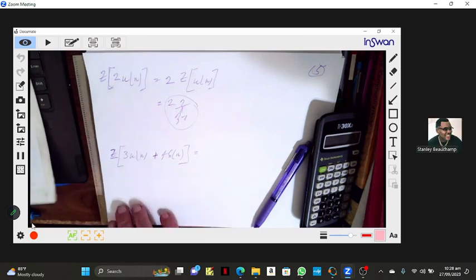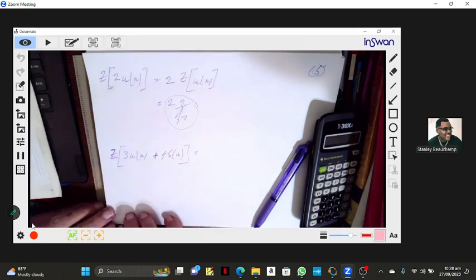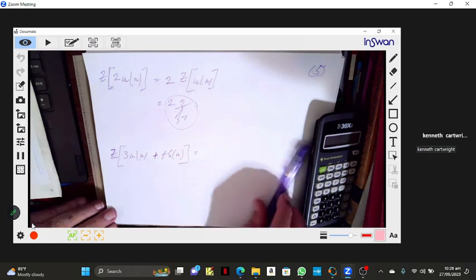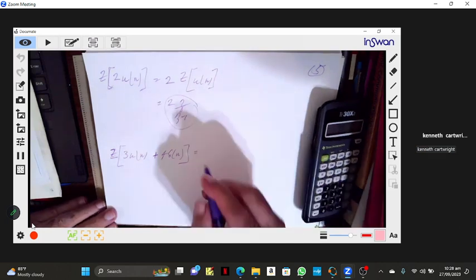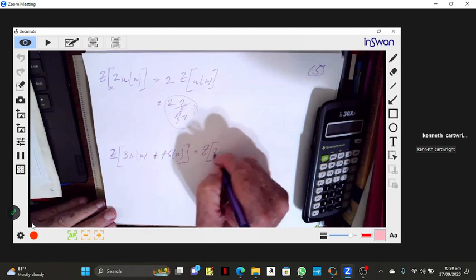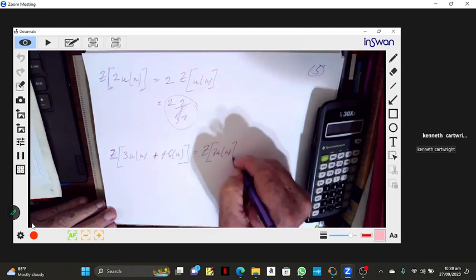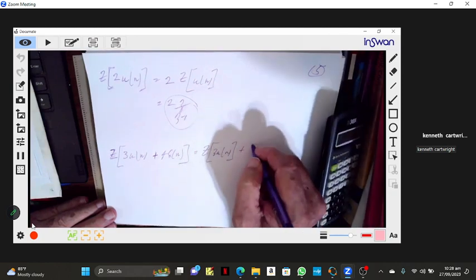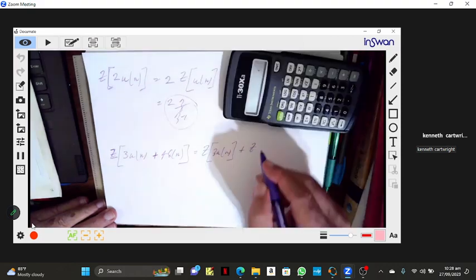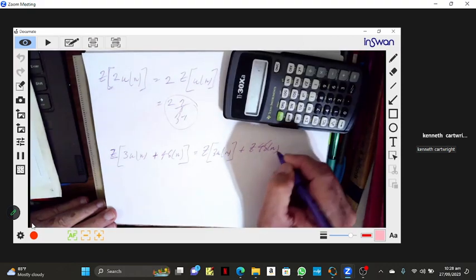The answer should be a sum also. Yes, the sum of the z's. So this should be z of 3 u of n plus z of 4 delta of n.